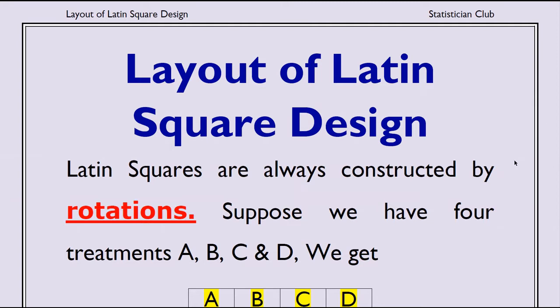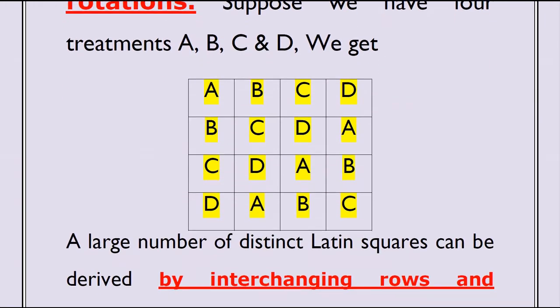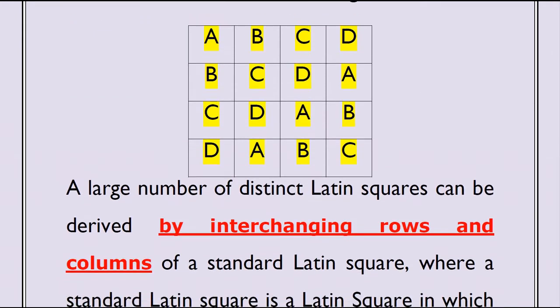Suppose we have 4 treatments A, B, C, D. The layout of Latin square design is A, B, C, D, and now for the second row we start from B, C, D, and A is the last element. For the third row we start with C, D, A, B, and for the fourth row we start with D, and after that the other elements are arranged in alphabetic order: A, B, C.